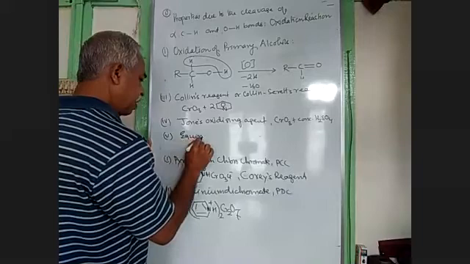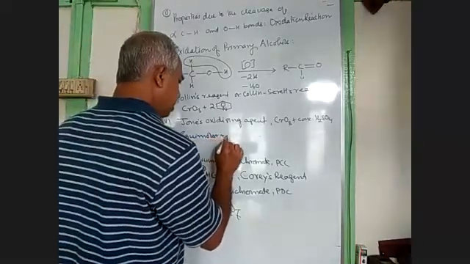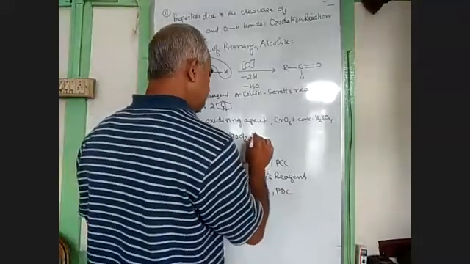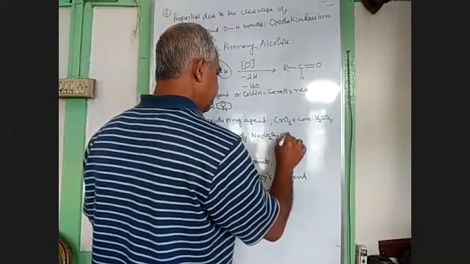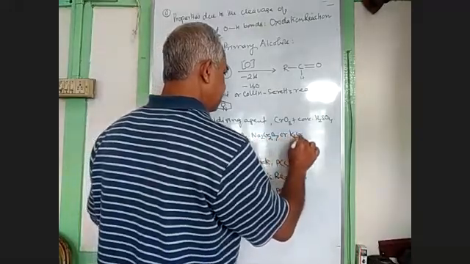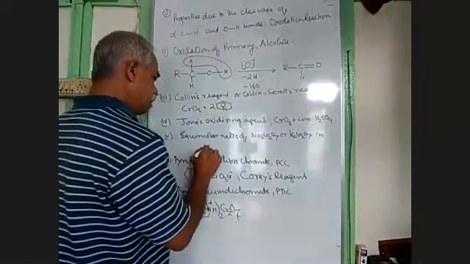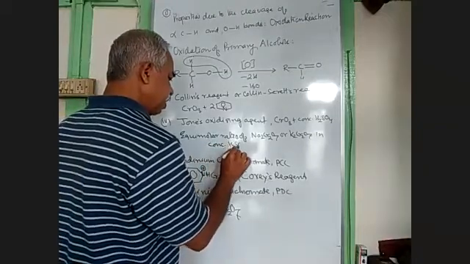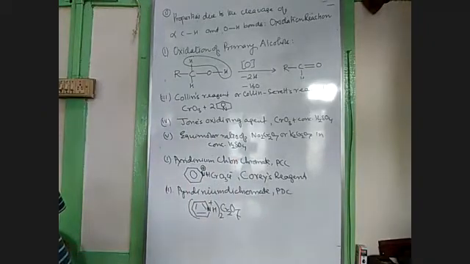We can also write an equimolar ratio of Na2Cr2O7 or K2Cr2O7 in concentrated H2SO4. So these are all the reagents that can be used.